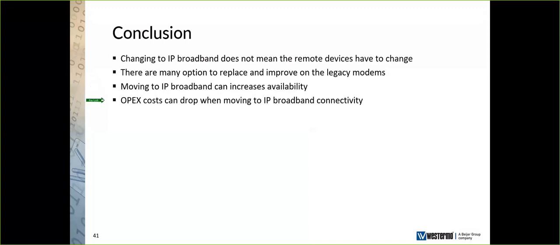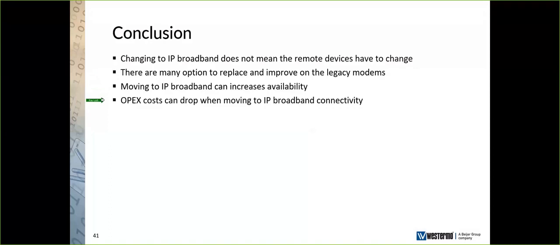The operational cost, something I haven't been able to show here, because I was trying to find some information which shows you the difference between the operational cost of running lease lines compared to running broadband. I do know from customer experience that the actual drop in cost is incredible. If you look at the average cost of a lease line, which can run into thousands of euros a year, and look at the equivalent broadband costs, which are a few hundred euros a year, then the cost difference is huge.